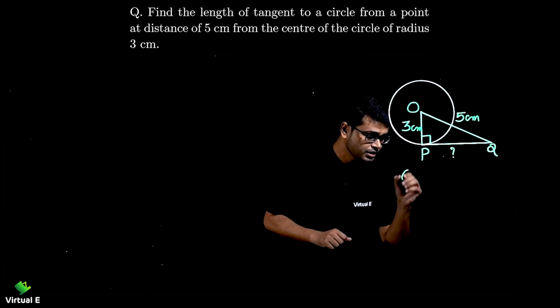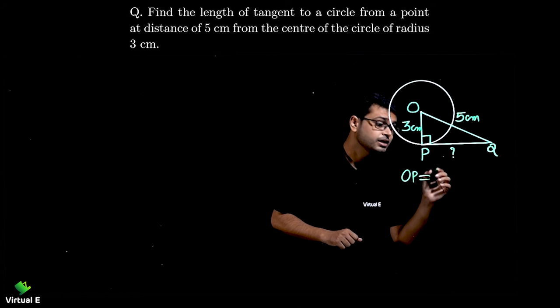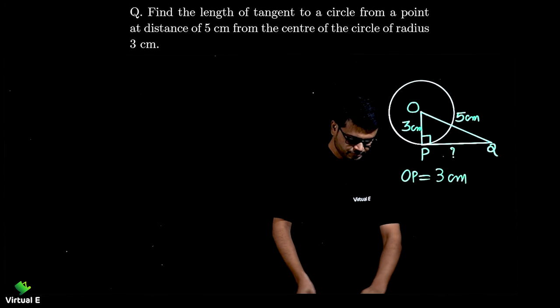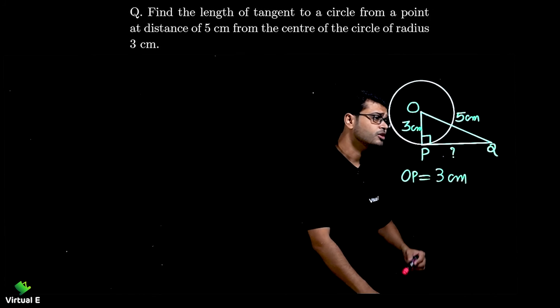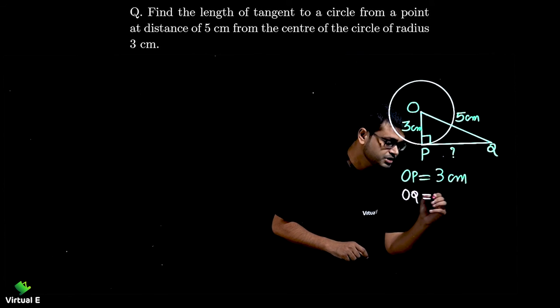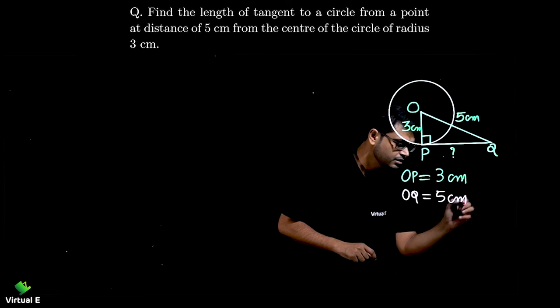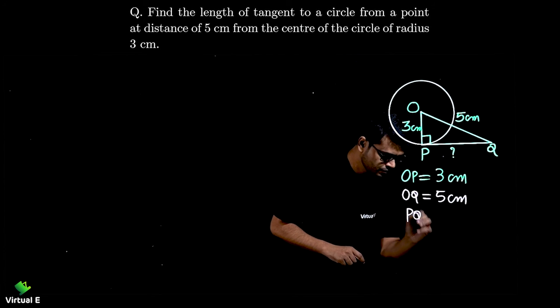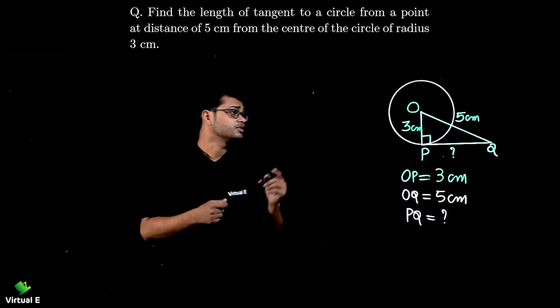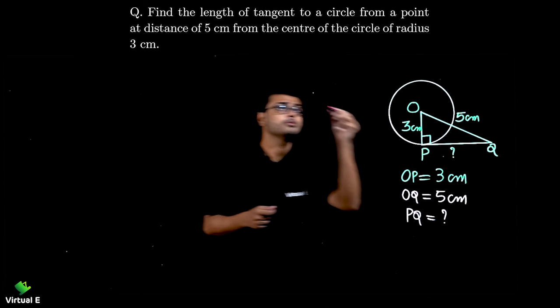Let's start with the radius. OP is equal to 3 cm. Done. Then what about PQ? PQ is missing. Let's write OQ then. OQ is equal to 5 cm and PQ is equal to question mark. We need to find that one. So let's talk about triangle OPQ.